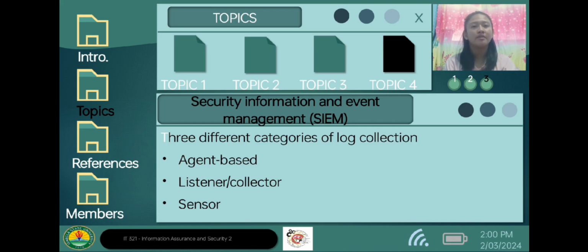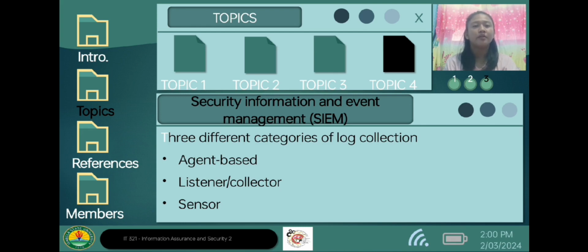A process runs on the management server to parse and normalize each log or monitor sources. This method involves setting up listeners or collectors on the SIEM server to receive, parse, and normalize log data from various sources within the IT environment.